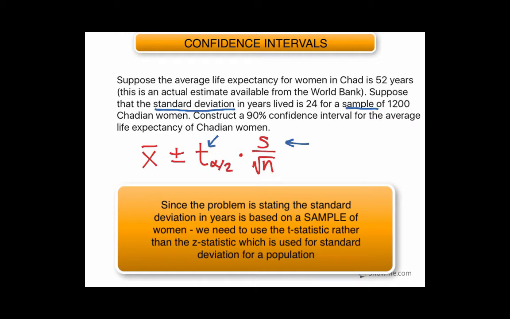When you have a sample standard deviation, you always use t-statistics and you denote standard deviation with S. If it were the known population standard deviation, then we would use z-statistics and we would use sigma for standard deviation. But that's not the case here, so we have this formula for our confidence interval.